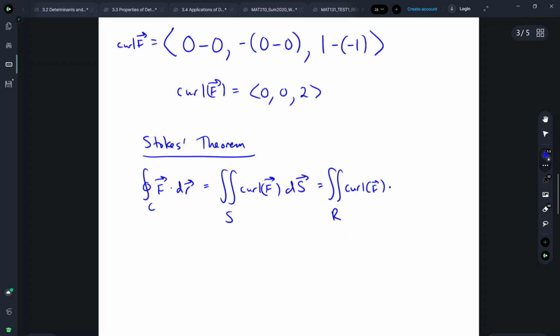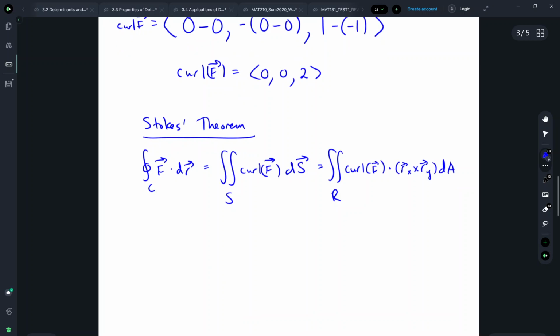Take the dot product with the normal vector and calculate this as a double integral. Okay, so this is how we calculate this surface integral. So now let's write it down.